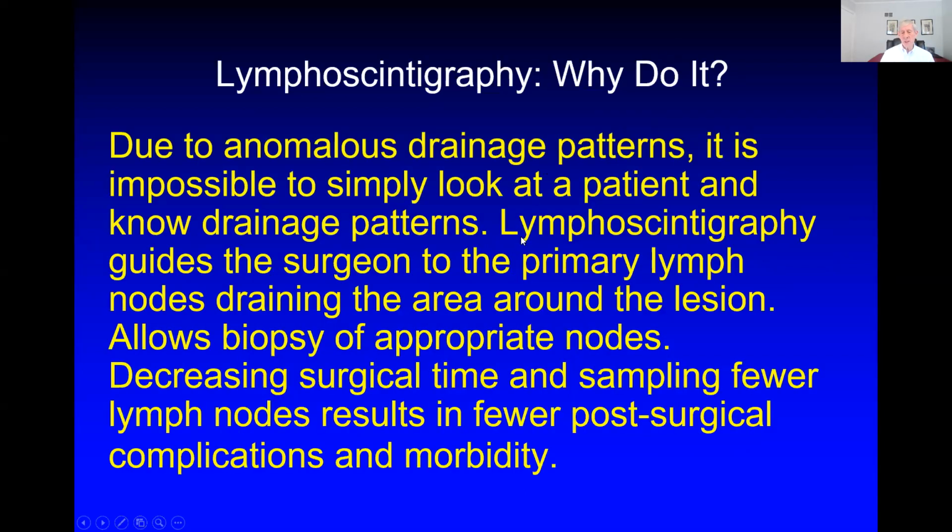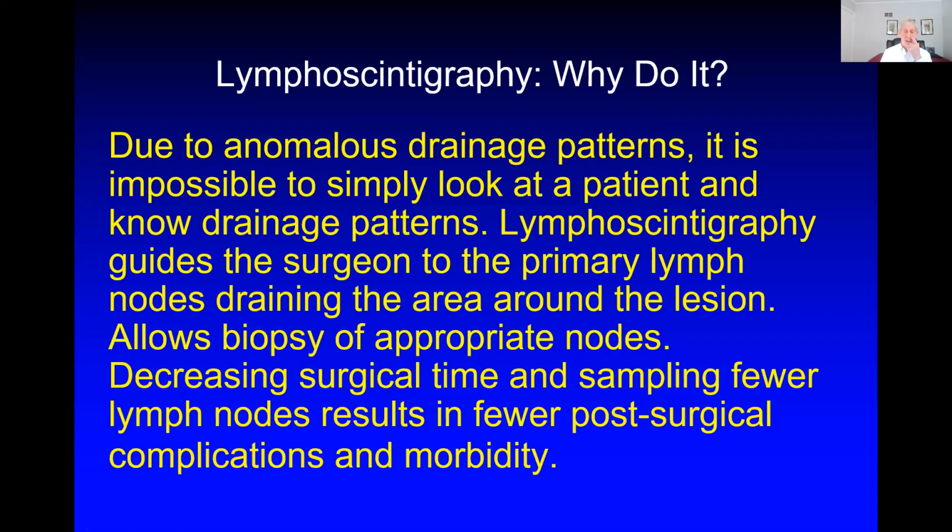Why are we even doing this? No surgeon, I don't care how good he is, can look at a patient and say, I know what the drainage pattern is going to be. No one can do that. The first patient we ever did, which was probably 30 years ago, was a young lady who had melanoma on her back, but off the midline of her back. And the surgeon brought her down, and we did a lympho study, and we found migration to the axilla on both sides and inguinal just on one side, but not the other.